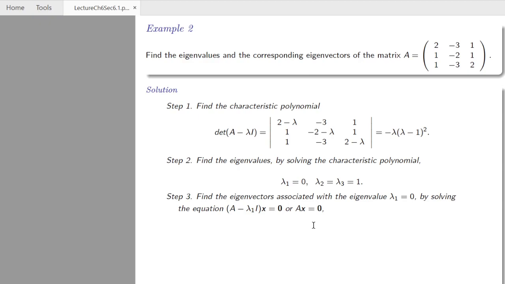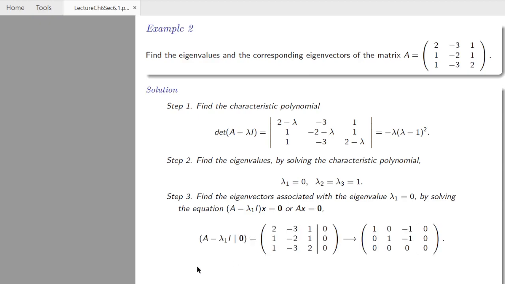To do this, we write the augmented matrix: A minus lambda 1 I, then a dash, then 0. The left side is the matrix A minus lambda 1 I, and the right side is the 0 in the system.